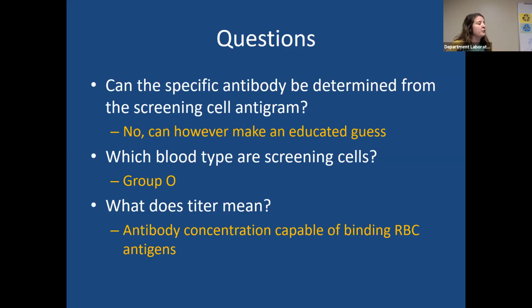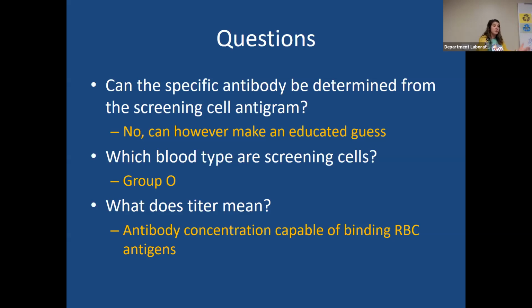Don't confuse titer with elution. What's the process of elution? Let's say you have a positive DAT. What's your next step? To perform an elution. If you have a positive DAT, you know something is coating patient cells. If you have a positive reaction with your monospecific IgG, then it's an IgG antibody.